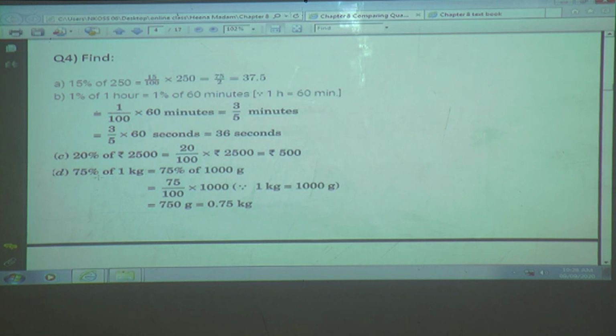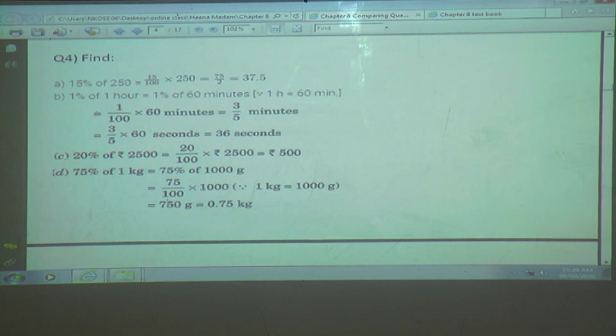So 75% of 1 kg, if it is wheat or rice, what will it be? 75% is nothing but 0.75 kg, or we can say it is 750 gram. So again we write 75% in the form of a fraction, 75 upon 100 into 1000, because 1 kg is equal to 1000 gram.